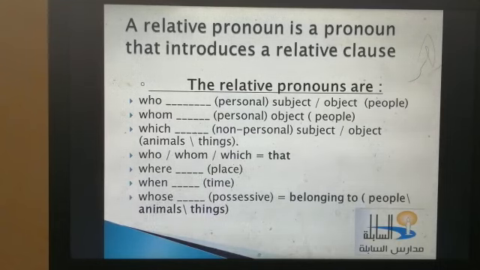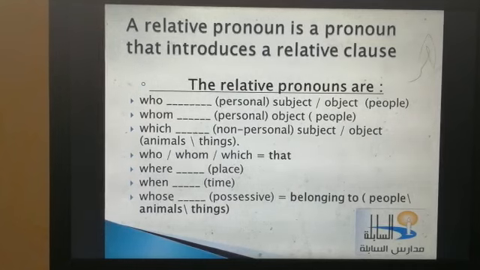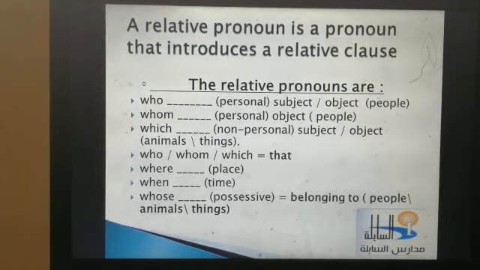Whose here is different from these relative pronouns. It comes to show a possessive, belonging to people, animals, or things.